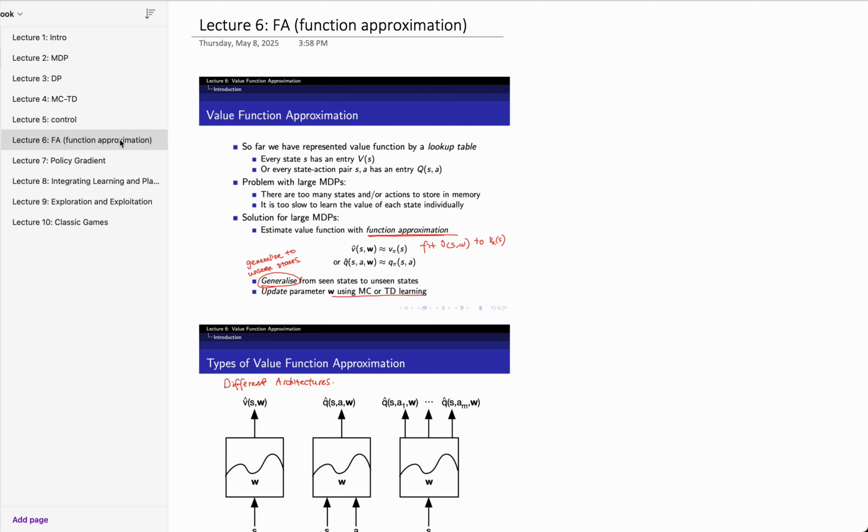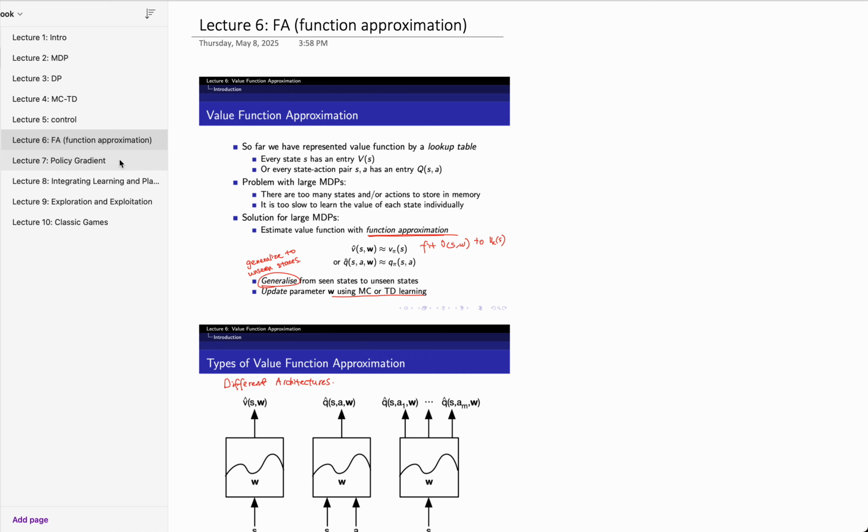So starting from lecture 6, he started using function approximation, in this case using a neural network to replace all the matrices and tables. So lecture 6 talks about approximating the value functions using a neural network.